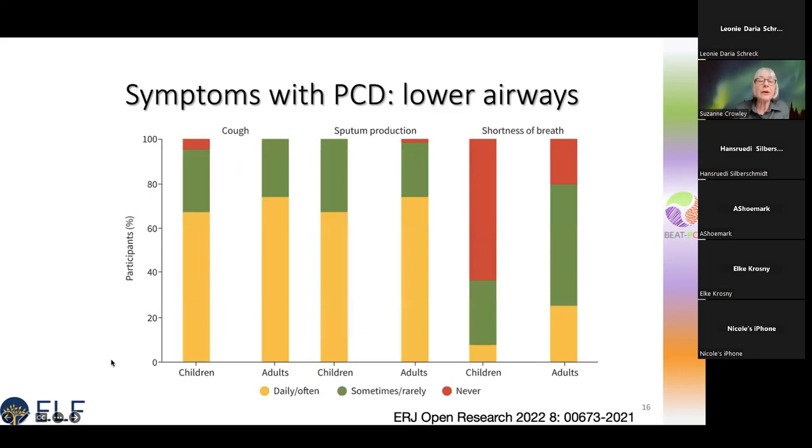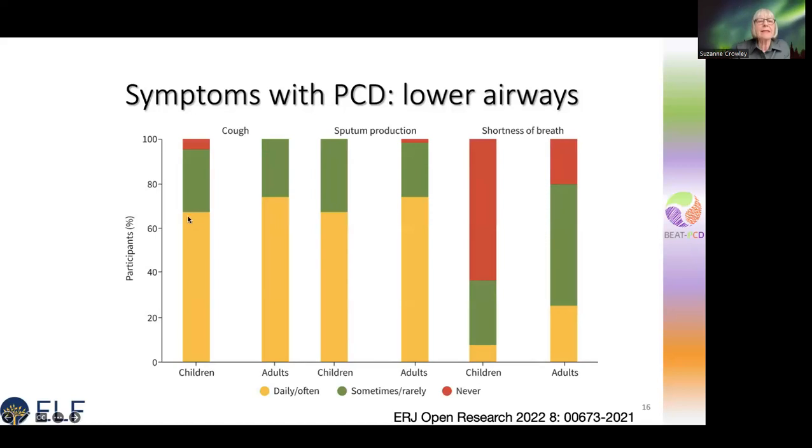And if we look at the lower airways, we're always taught as doctors that people with PCD cough every day, but patients don't always tell us that. So we have children here reporting cough. About 2/3 of children will report a daily cough. A similar proportion of adults.